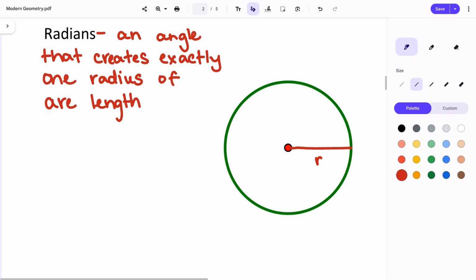I could do that with however long this was. So if this was 5 centimeters, let's just say, I could lay it here and have it go 5 centimeters along the edge of the circle. It would then connect to another point, which we could also draw to the center, which is just another radius. So something like this. This distance in between, so kind of where I'm scribbling over here, this is known as the radian.